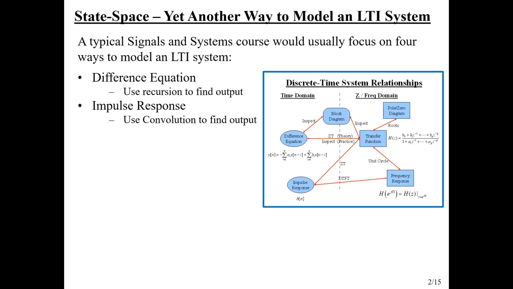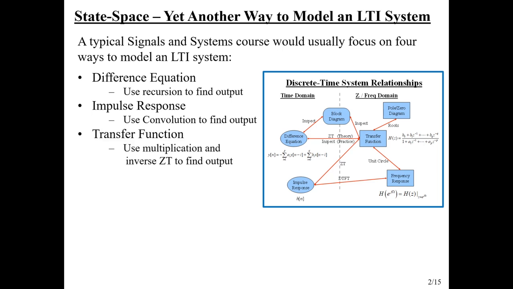We will literally try to implement the convolution of the input signal with the room's impulse response. But it's mostly just an alternate way of thinking about the system. And these two things are related to each other, even though I don't show an arrow here between them. You can go from the difference equation to the impulse response. It's just nobody really does that.